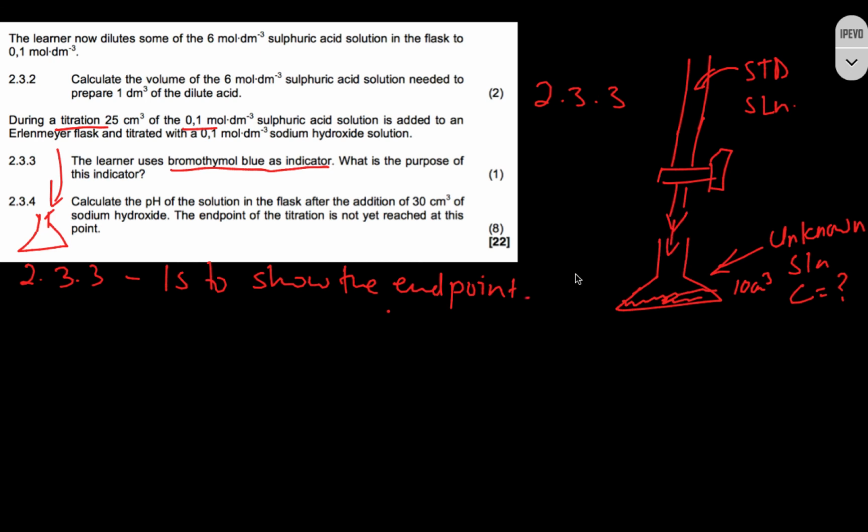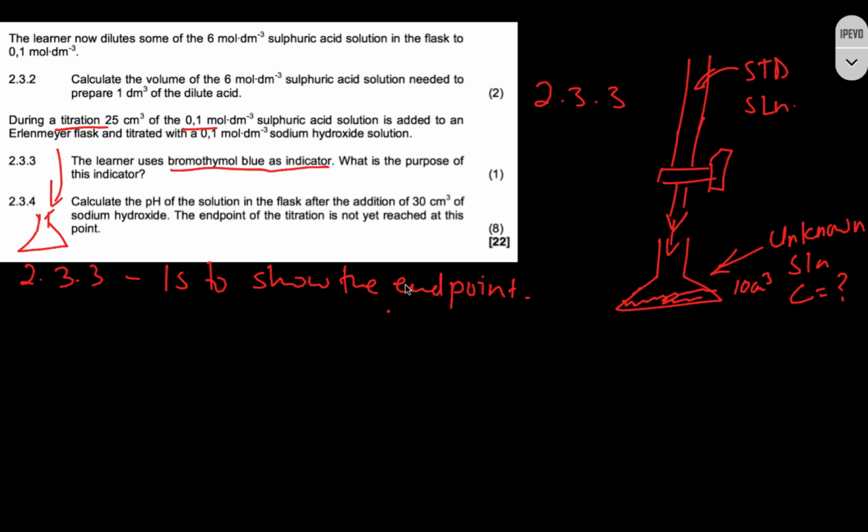The function of the indicator is to show you that end point, because you can't see with your naked eye that now all my acid has been neutralized, so I must stop adding the base, or now my base is all neutralized, so I must stop adding the acid.